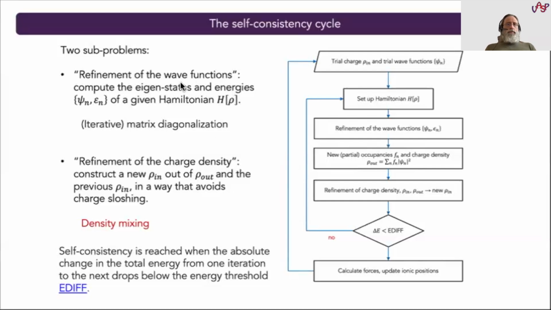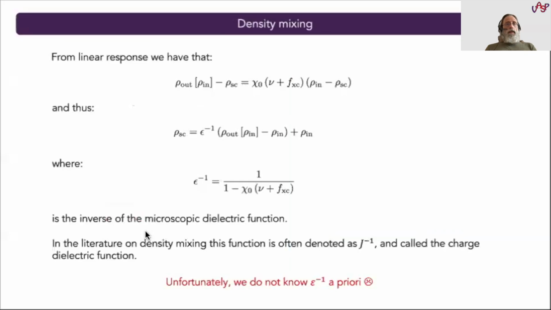Since we went in with the idea to solve this problem of charge sloshing, I will first have a look at this particular sub-problem of the self-consistency cycle, density mixing, because this addresses essentially the problem of charge sloshing.